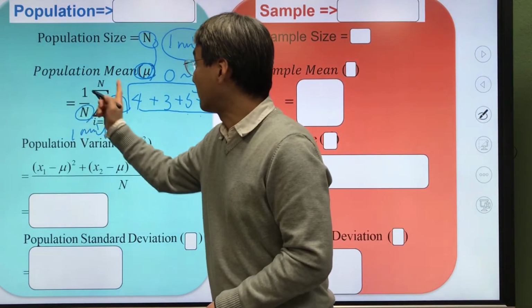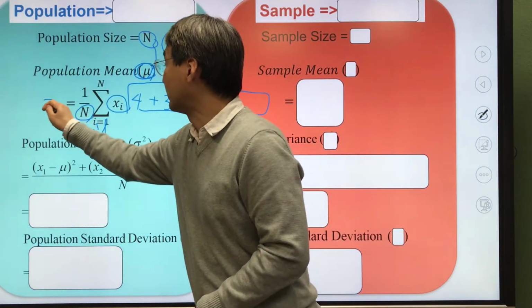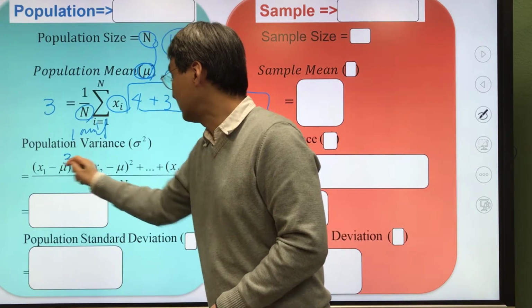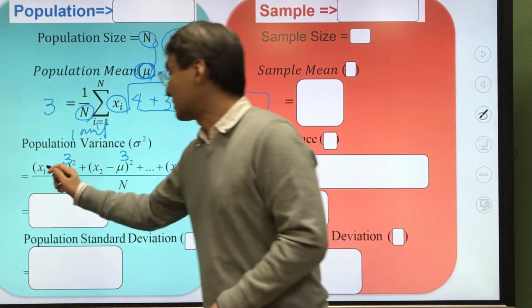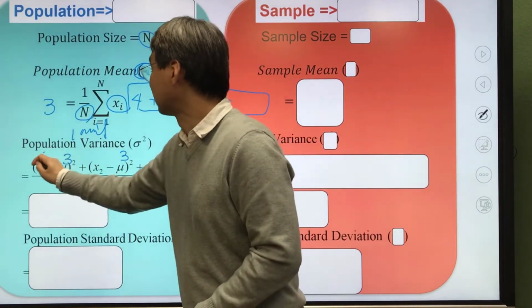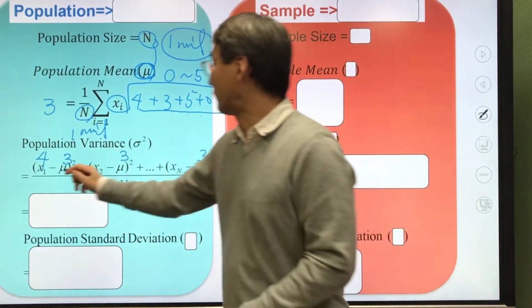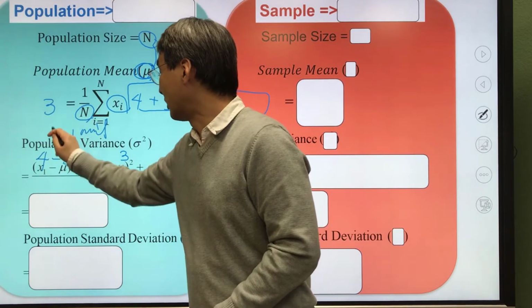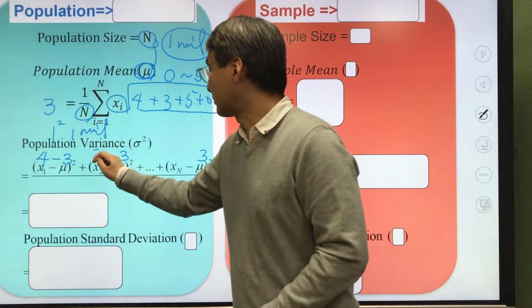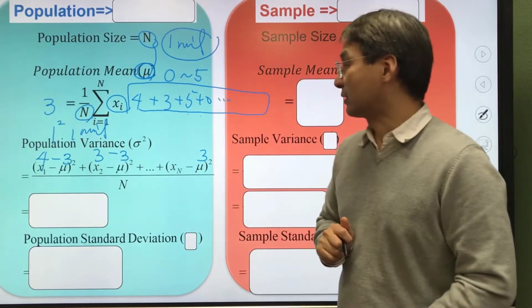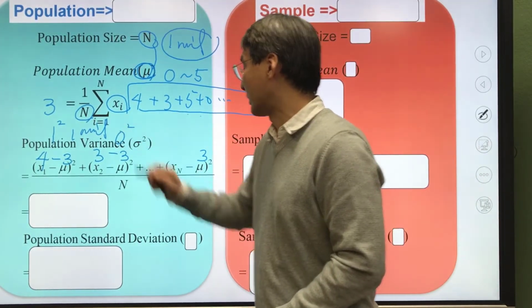So let's just say the population mean is 3. So mu is 3. And then the first student got 4. Then 4 minus 3, which is 1, and 1 squared. The second student got 3. So 3 minus 3, which is 0, and 0 squared.